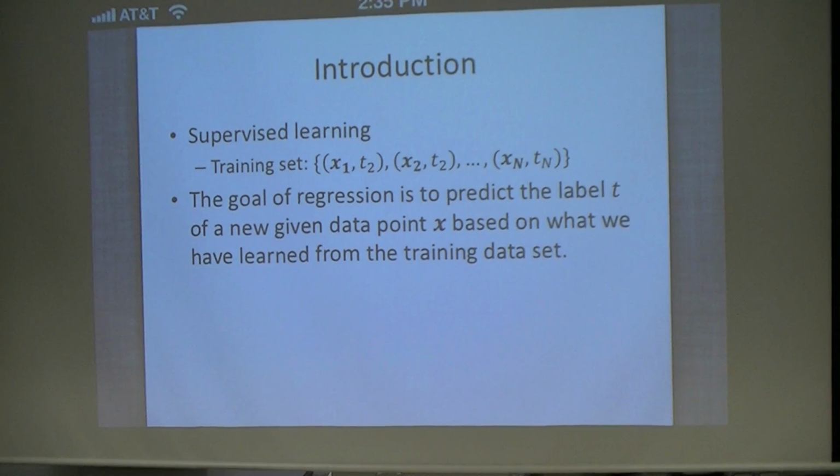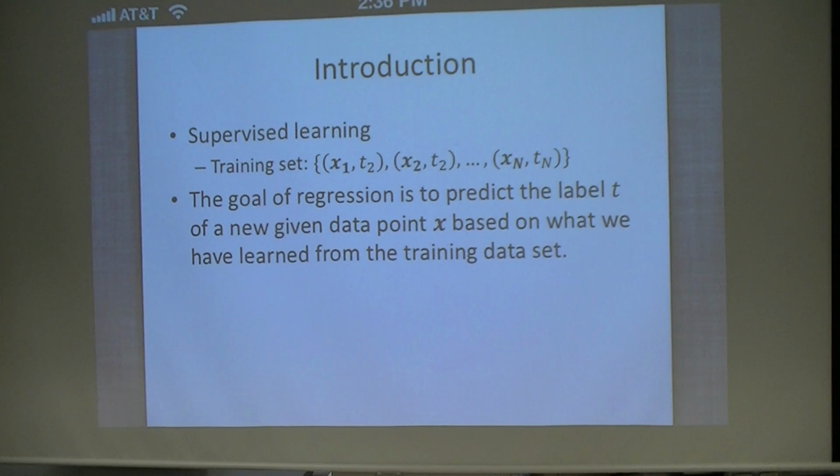In the machine learning area, regression is one of the supervised learning techniques, where we have a bunch of data points and their corresponding labels. Each data point can be a scalar or a vector, and the label is usually a scalar.